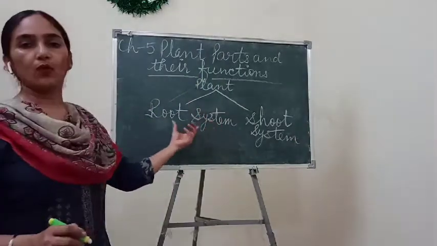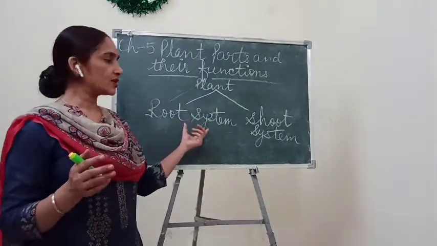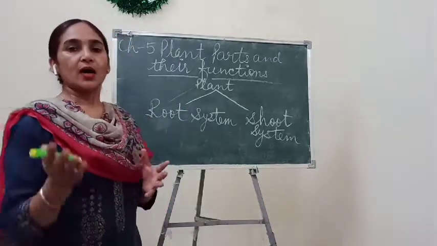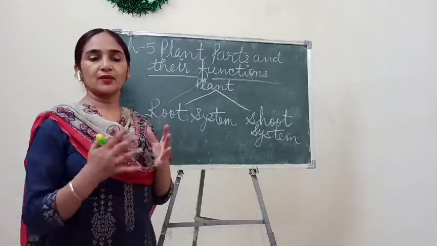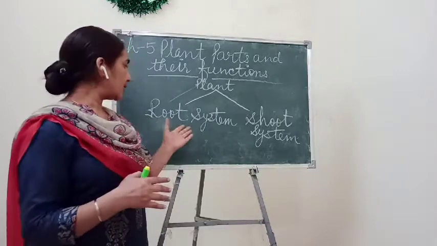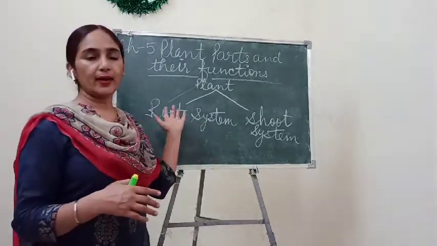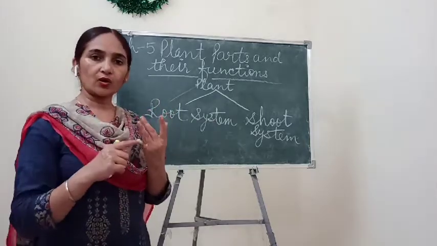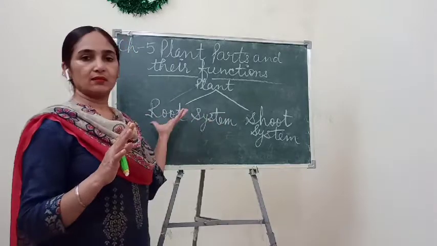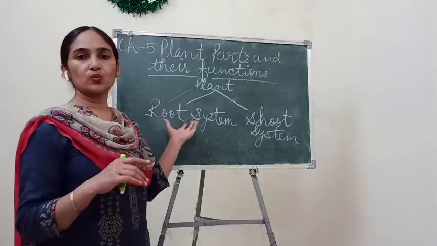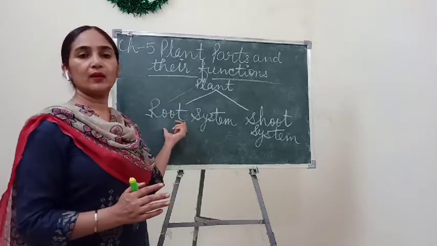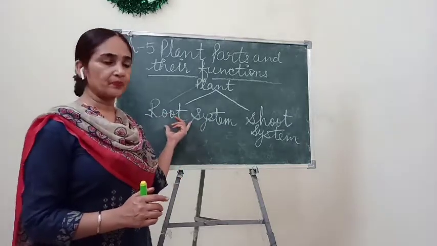And what is the root system? You know, children, the part of the plant which is always present under the ground and grows towards the ground is called the root. The root along with its root hairs and branches all comprise together to form a root system.